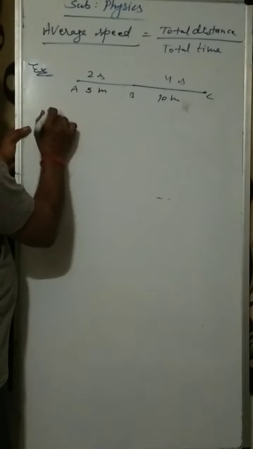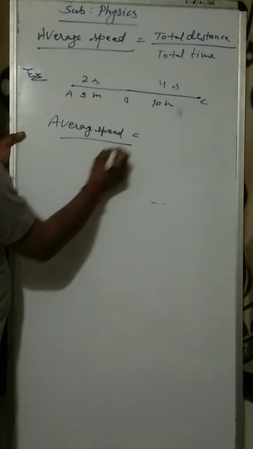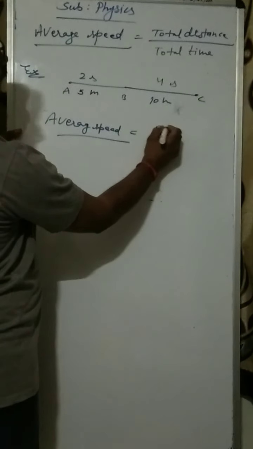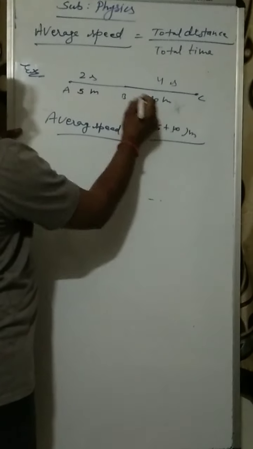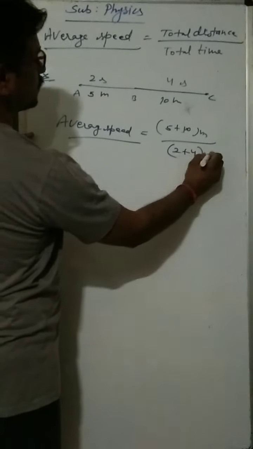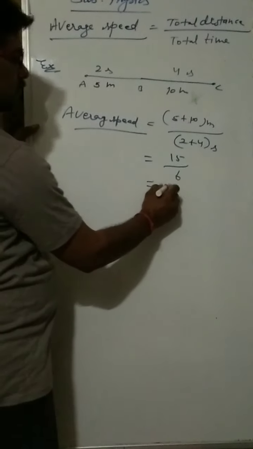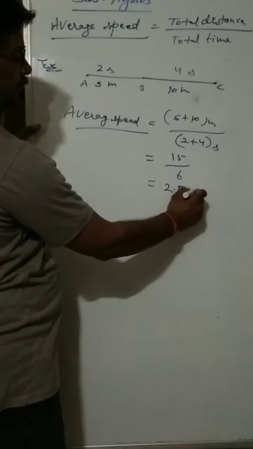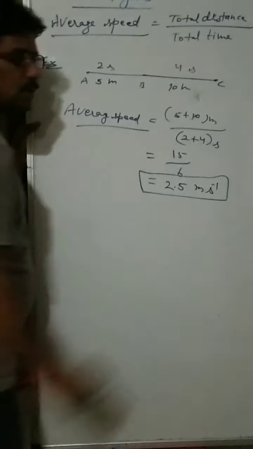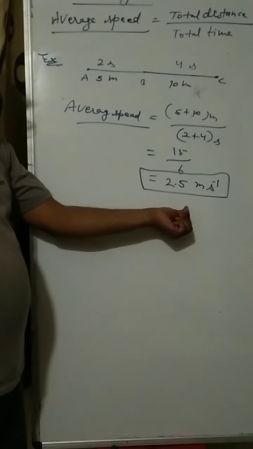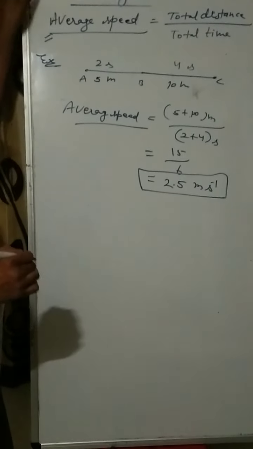So what is the average speed? Average speed is total distance, 5 plus 10 meter, upon total time, 2 plus 4 second. So 15 upon 6, that is 2.5 meter second inverse 1. So this is the average speed of the object. So in common life we use the average speed.